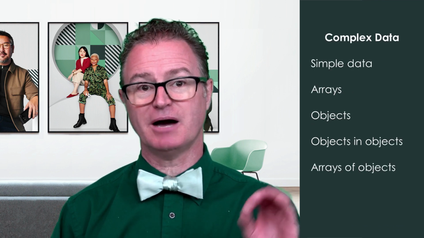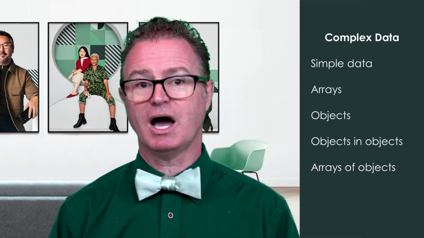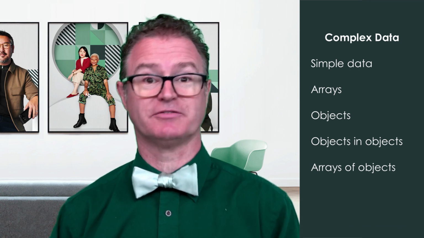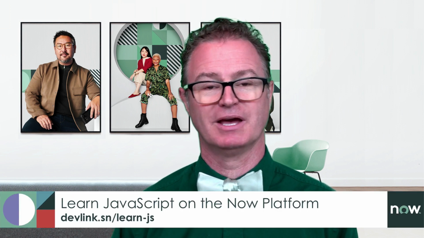Complex data is a combination of those elements and may also include arrays, objects, and objects within other objects, and even arrays of objects. If all this sounds confusing, I recommend watching the video series Learn JavaScript on the Now platform. Let's take a look at some examples.